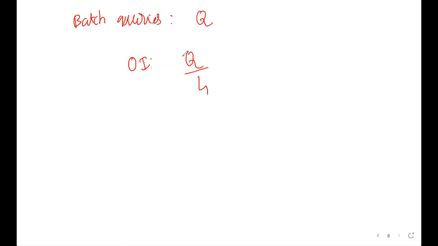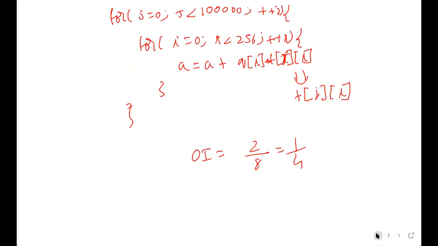Yeah, go ahead. Can you go to the previous figure? Here you said that operational intensity is 2 by 8, right? So it's one multiplication, one addition. So there are two operations, but that is not on the same bytes, right? Why 8 bytes? What are you keeping in the denominator?